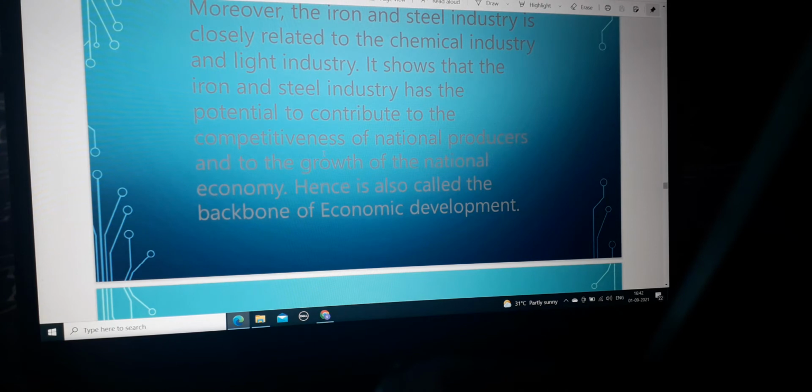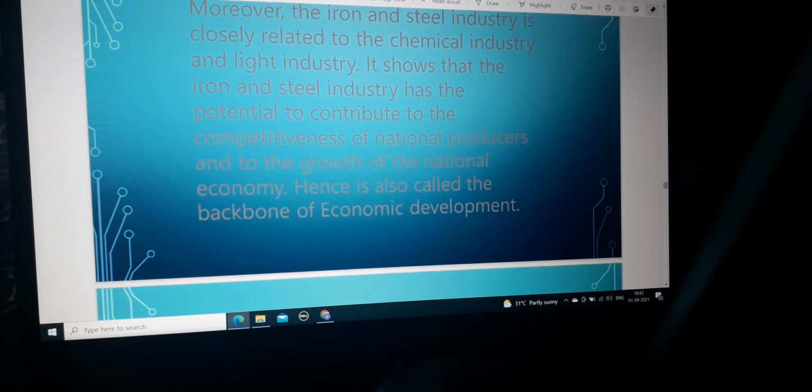And in the light industry, if you see a bulb, it has certain metallic substances, like the filament that is there in the bulb and the holder, which again come from the iron and steel industry.